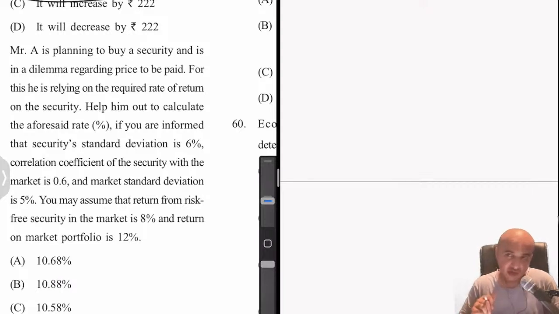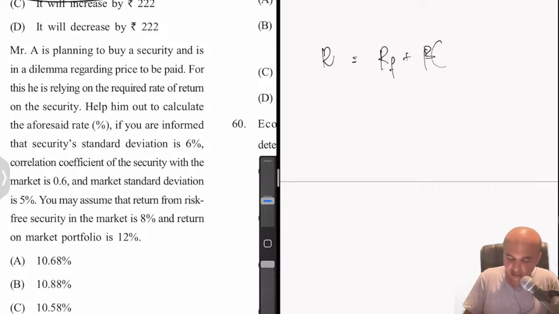Fine. We'll have to consider CAPM here. What is the formula for required rate of return? Required rate of return would be RF plus beta into RM minus RF.